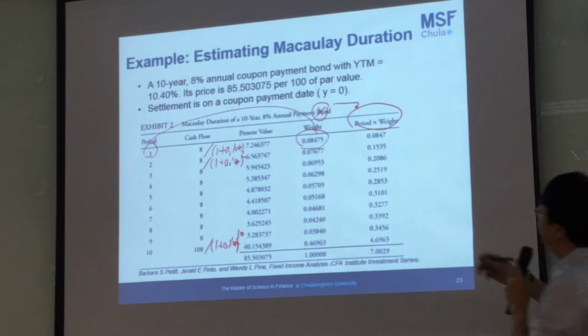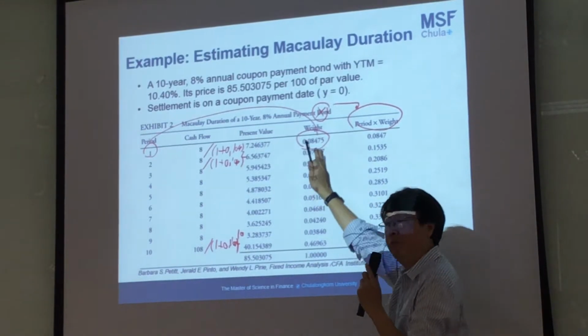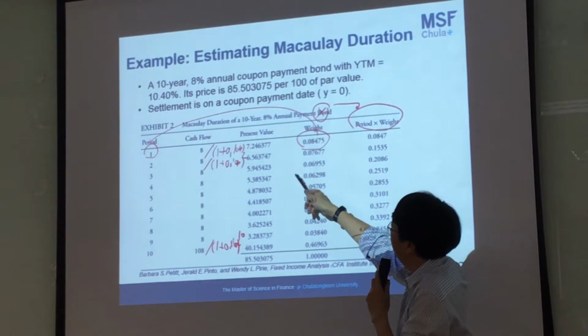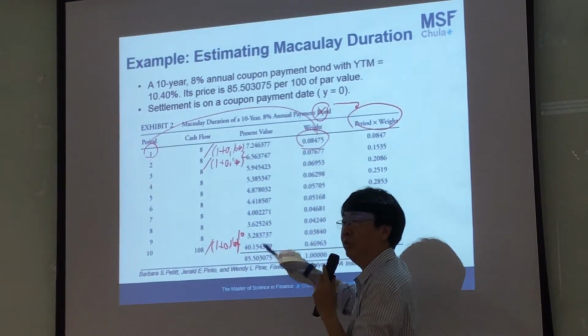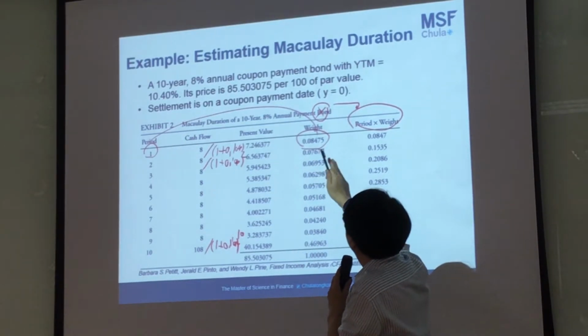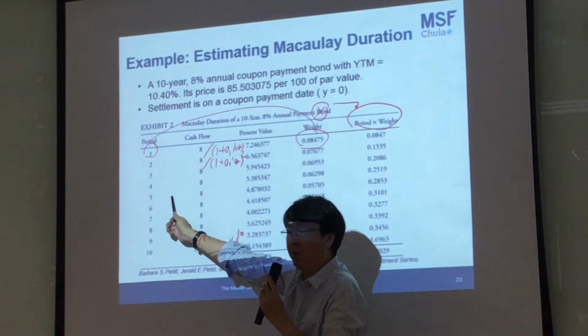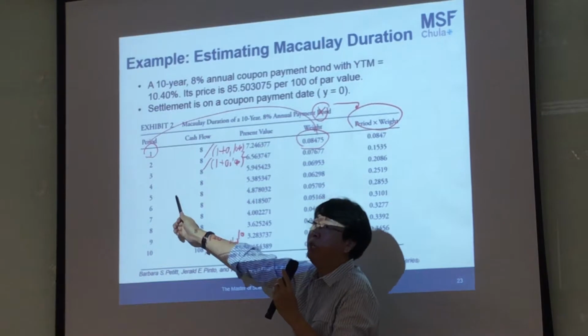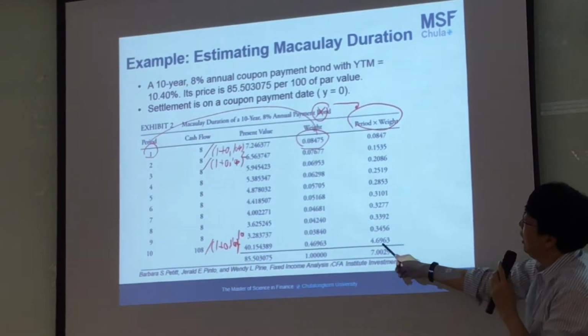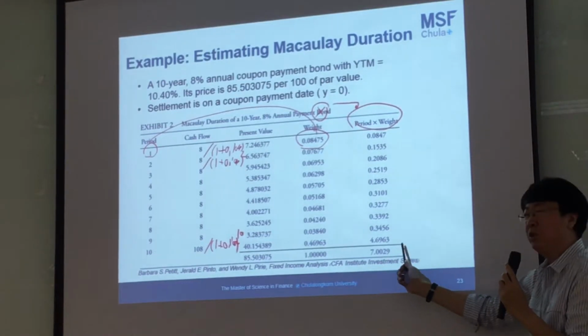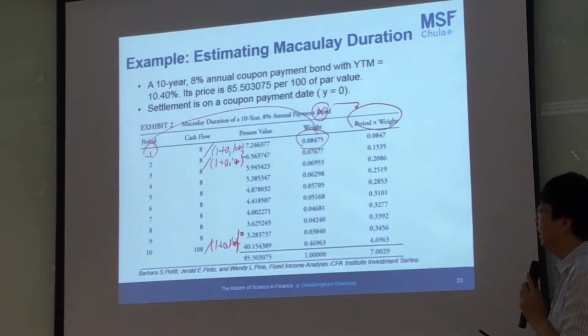The weight has no unit, because it is dollars divided by dollars. The weight multiplied by the period, whose unit is year, gives the Macaulay duration, which has the unit of year: 7 years.